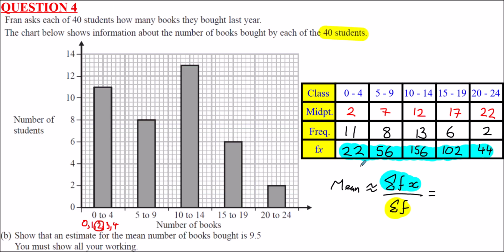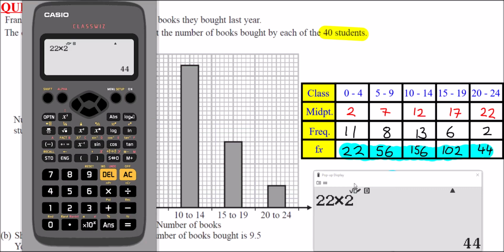So if we add these up together, in fact I'll make some more space for myself down below. That's going to be 22 plus 56 plus 156 plus 102 plus 44. And all of that we're going to divide by 40. And with any luck, this will come out at 9.5, but let's just see.